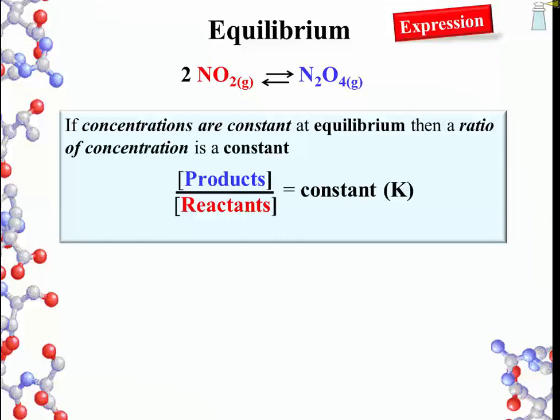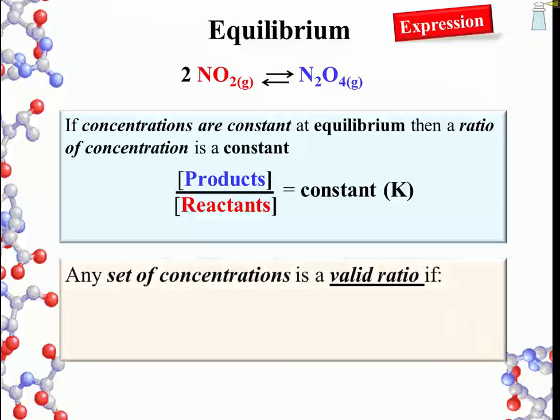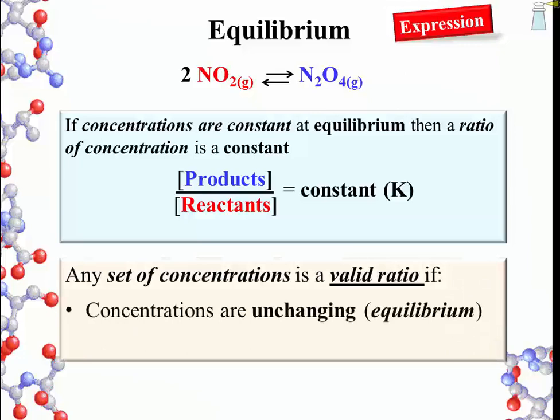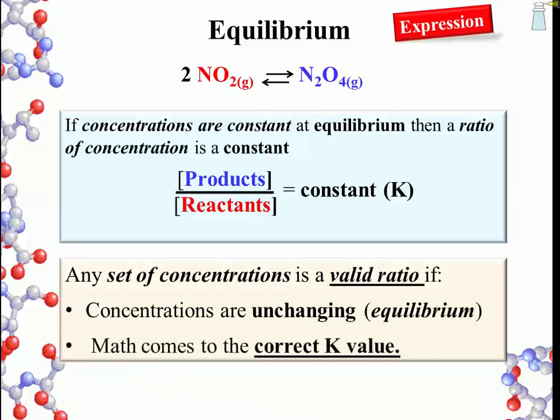What takes some time to become comfortable with is that it is not just one set of concentrations that produce the constant K. Any set of concentrations of reactants and products is a valid ratio if the concentrations are unchanging. That is, at equilibrium, and the math comes to the correct K value.